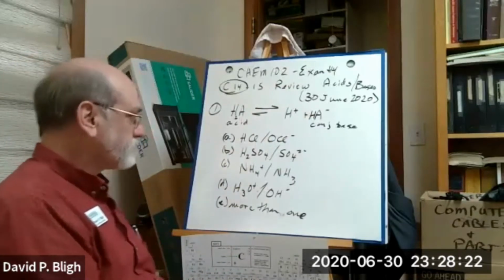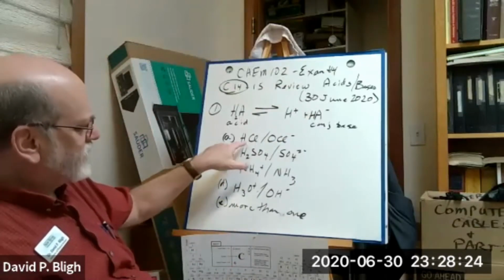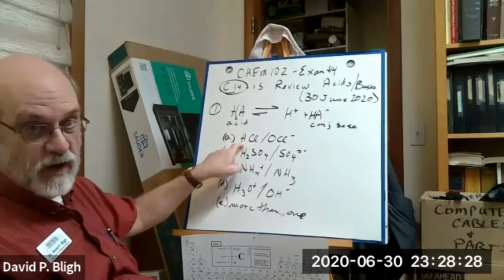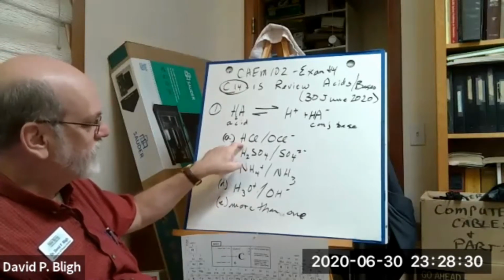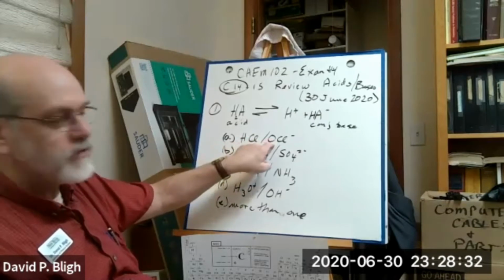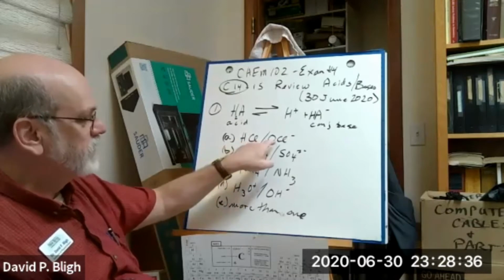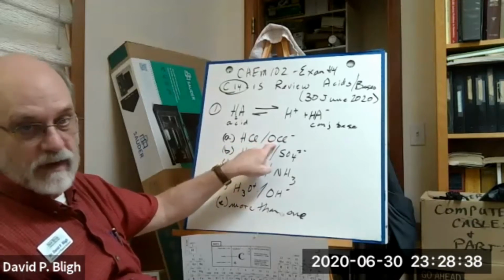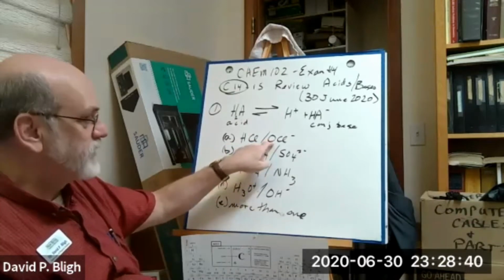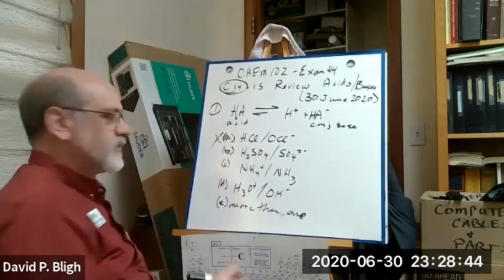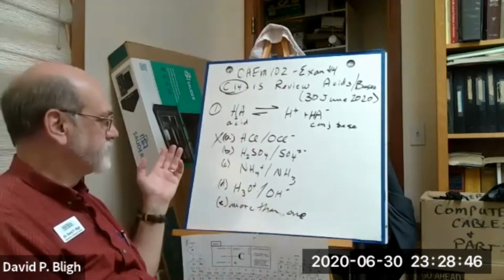Okay, so we've got this acid, hydrochloric acid. It's got a dissociable proton, and then they're saying the conjugate base is OCl minus. Right? Cl minus over here, OCl minus over here. It's not a common ion. That's a different anion than this one, right? So that disqualifies this one.